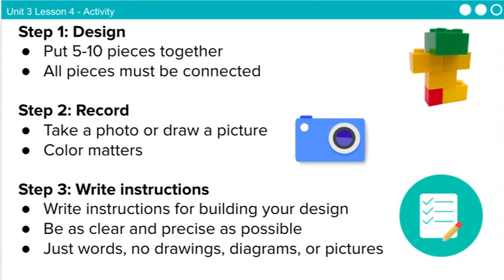Now, if you are not drawing your picture and you're taking a photo instead, then you'll need to submit that to Schoology separately, but also with the word step 2 beside it. So that way I can see what it is that you created.